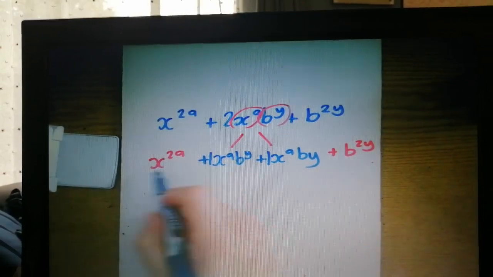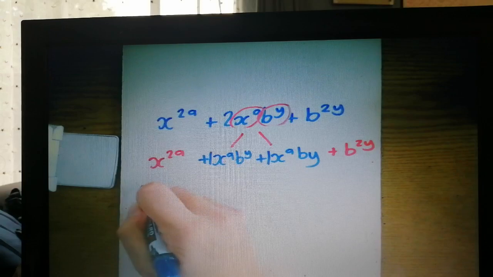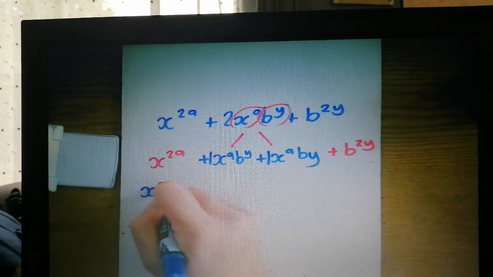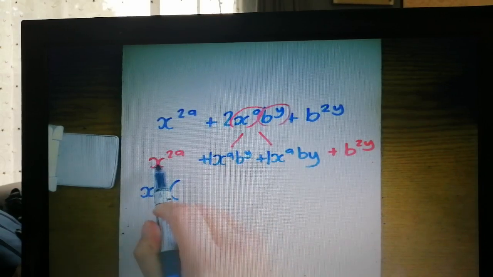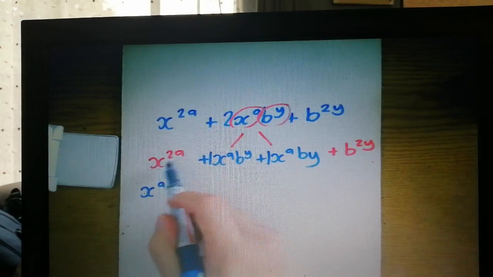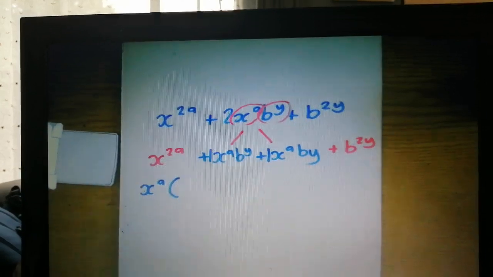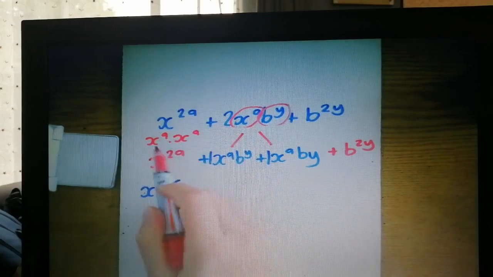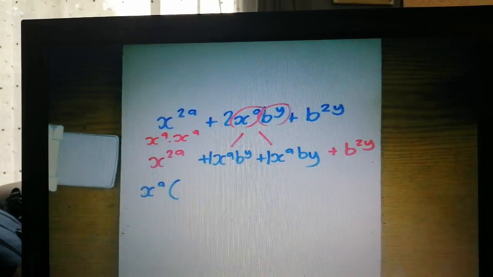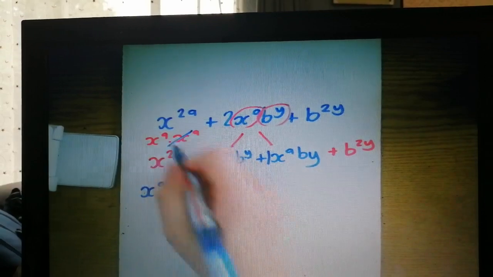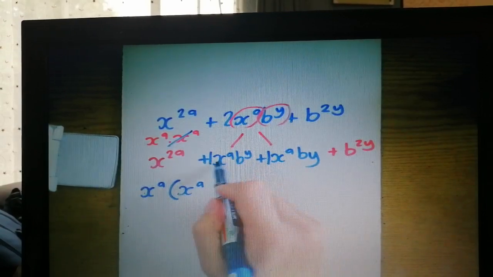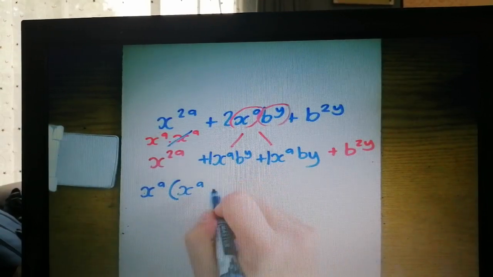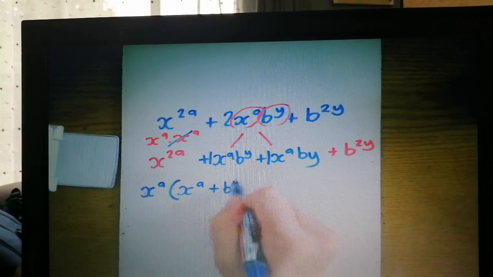So what do I do? I take out an HCF of x to the power of a, right? So when I take out x to the power of a, what am I left with here? Remember, this was actually x^a times x^a. So if I take out one of those x^a's, what am I left with? I'm left with x^a. And when I take out x^a here, I'm left with b^y.